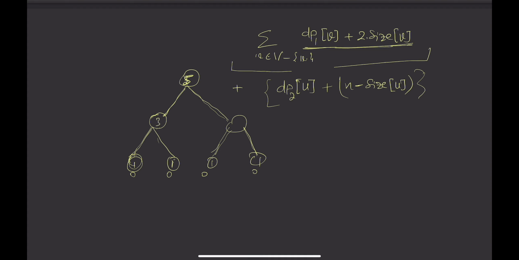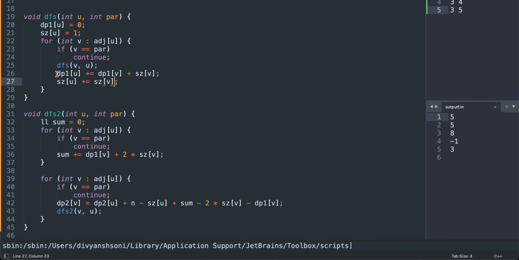This size is 3, this size is 3, but the dp value is nothing but this size plus dp1, so it is 0 plus size which is 1, so it will become 2.